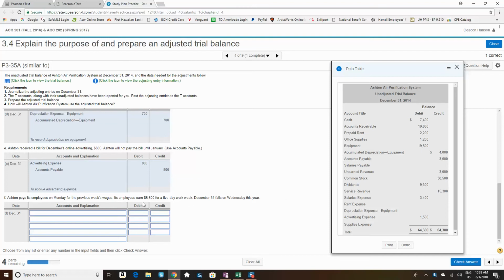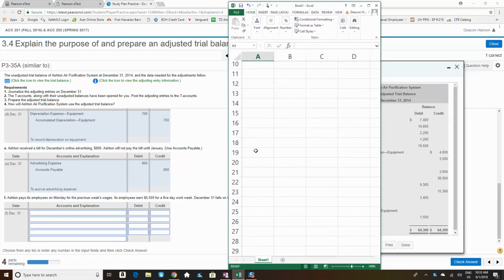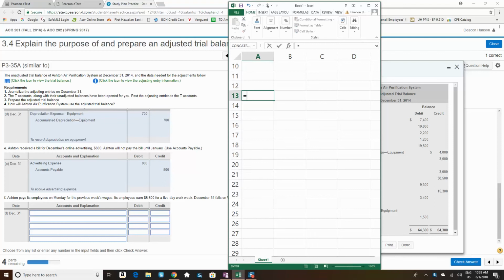They're getting paid for a 5-day work week, which is $5,500. If you took $5,500 and divided by a 5-day work week, you should get $1,100 per day.